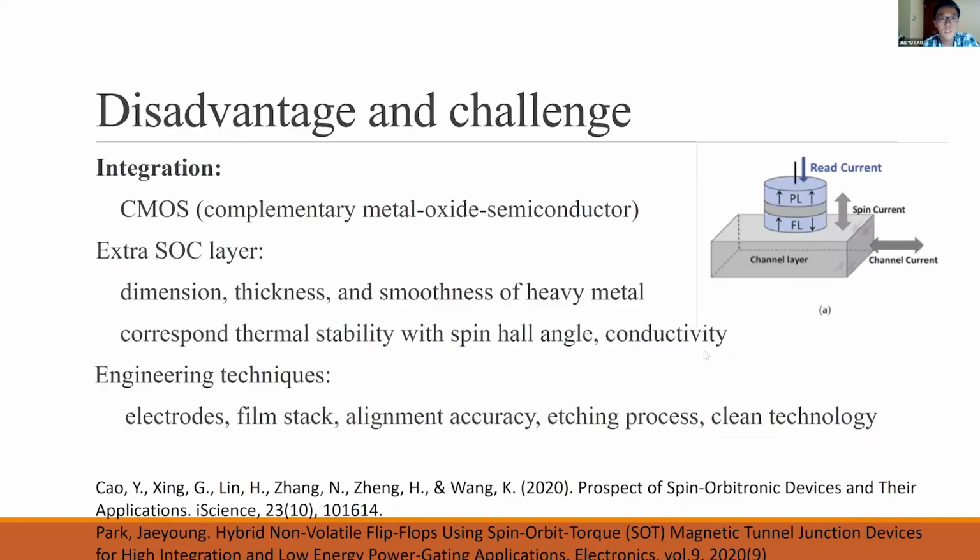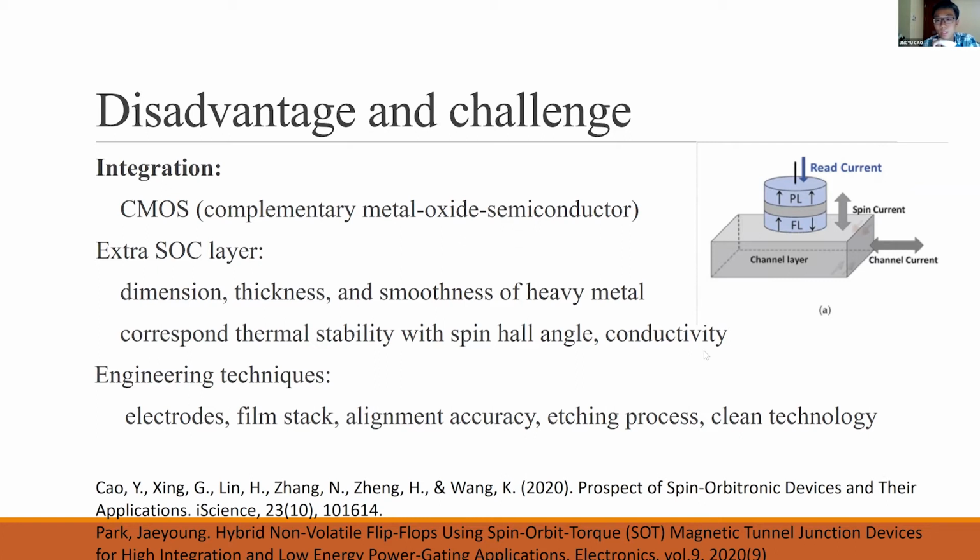Also, there are disadvantages and challenges for spin orbit torque MRAM. The first one is about integration with CMOS. CMOS is the technology used for constructing integrated circuit chips. When integrating the spin orbit torque MTJ with CMOS, there will be an extra spin orbit couple layer compared with the traditional spin transfer torque MTJ.